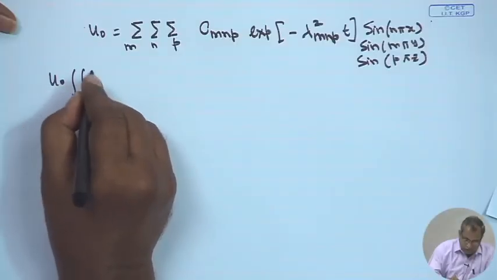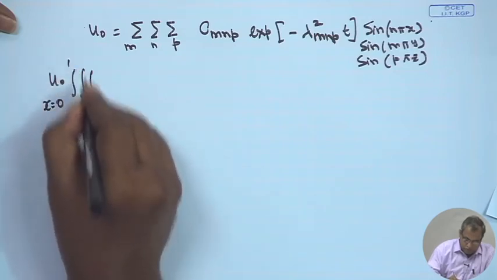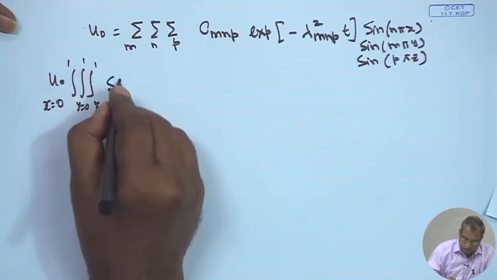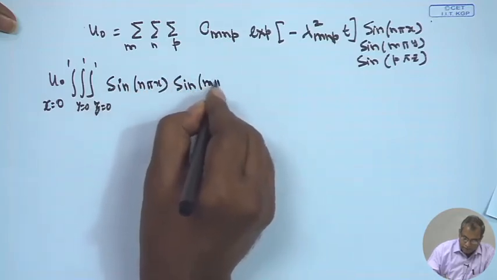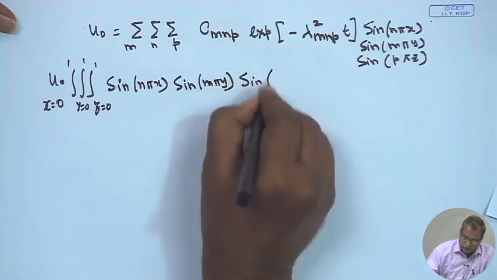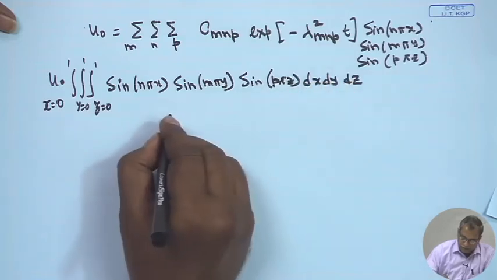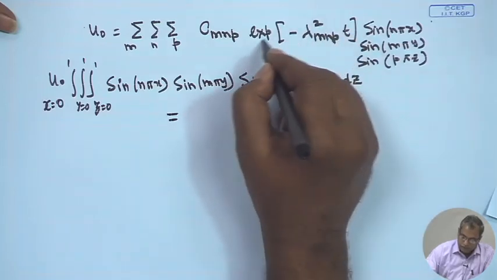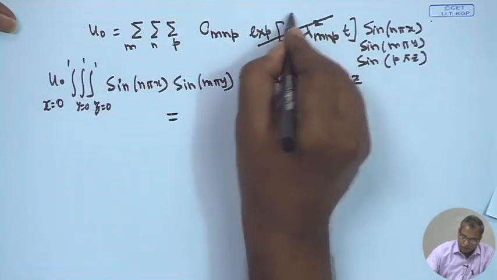So, what we will get is u naught triple integral, x from 0 to 1, y from 0 to 1, z from 0 to 1, sin n pi x sin m pi y sin p pi z dx dy dz, and on the right hand side only one term will survive, that will be C_mnp. The exponential is equal to 1 at t equal to 0.